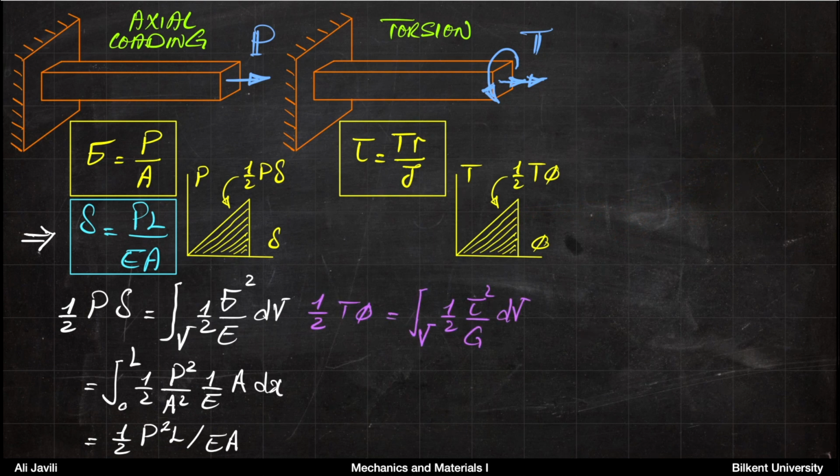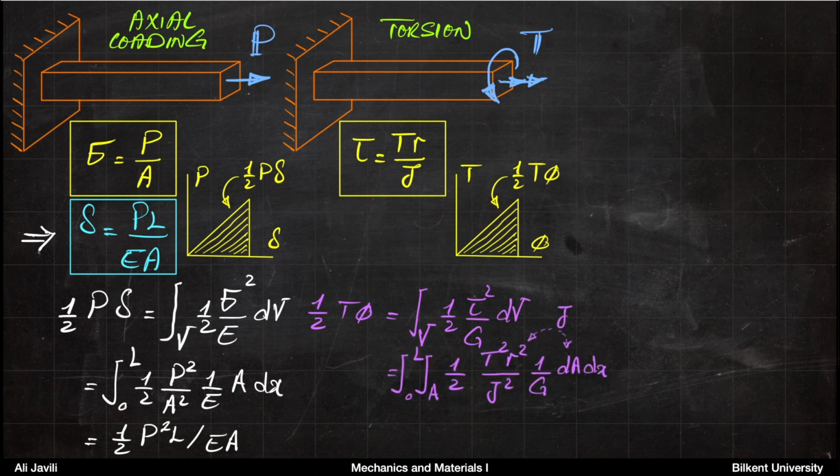So by setting these two equal, you would have 1/2 of T times phi equals the integral over volume of 1/2 times tau squared divided by G, an integral of that over the volume, as I mentioned. So the next thing you want to do is to insert the relation that we had here for the shear stress tau.